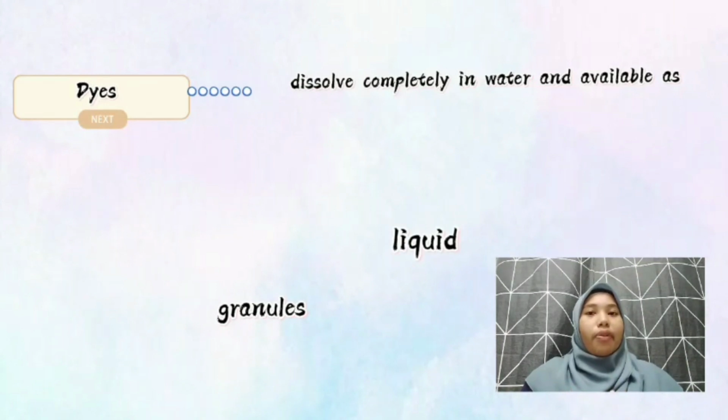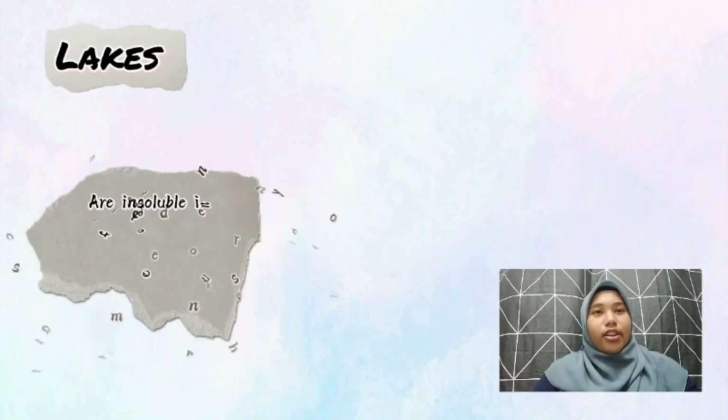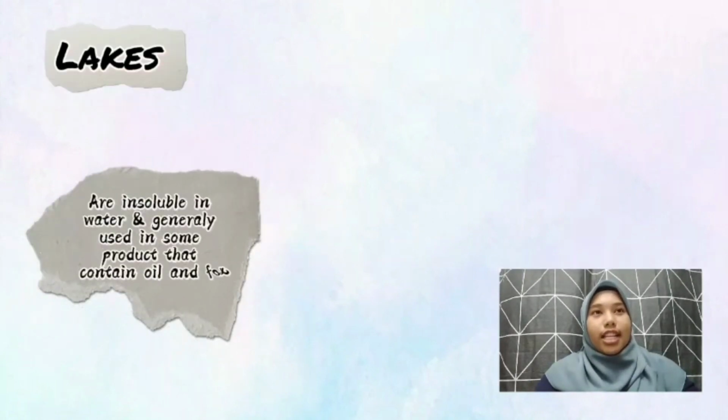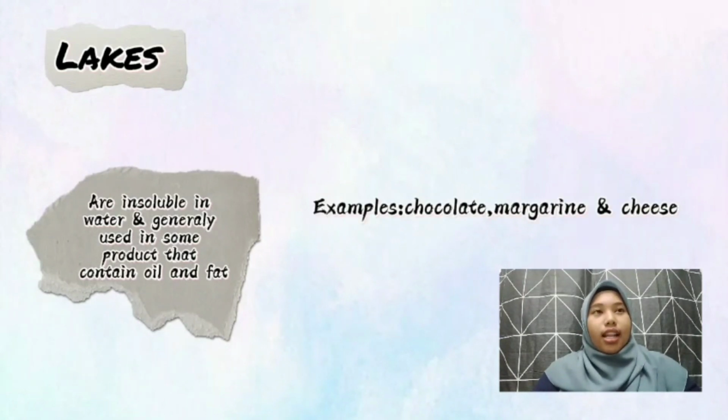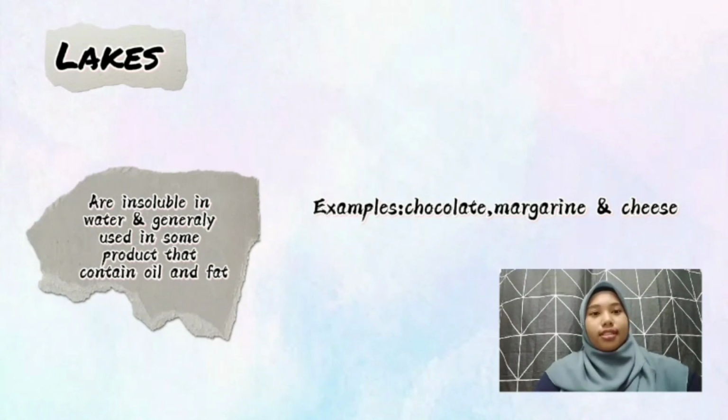Some products that contain dyes are dairy product, ice cream, jam. Okay, next is flakes. Flakes are insoluble in water and generally used in products that contain oil and fat. For example, chocolate, margarine, cheese, and so on.